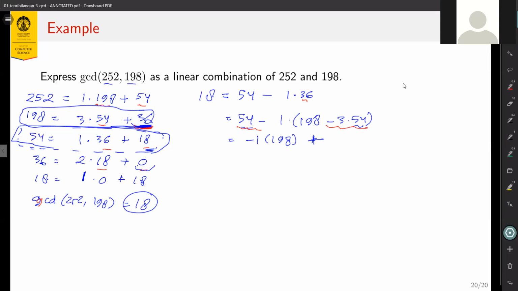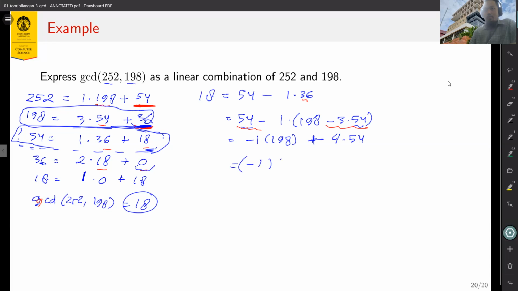Correct. Do not compute or simplify them yet. Now the next step is looking at the 54 here. Now we have minus 1 times 198 plus 4 times, what is 54?